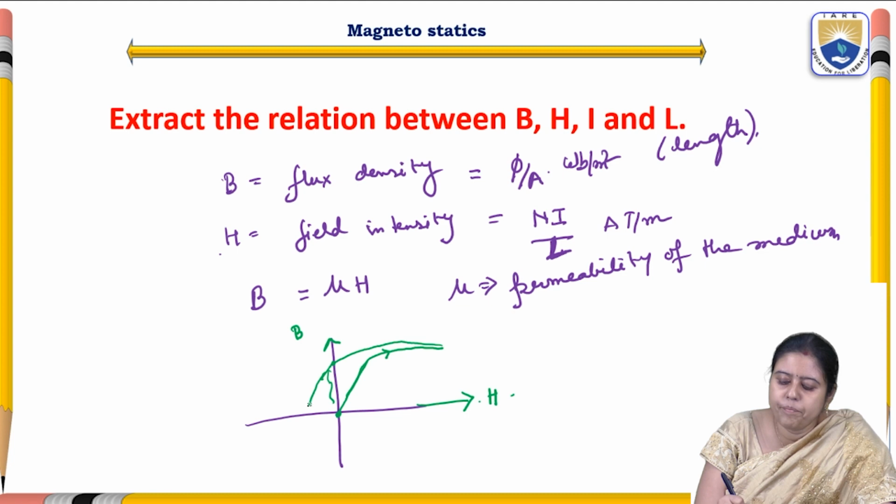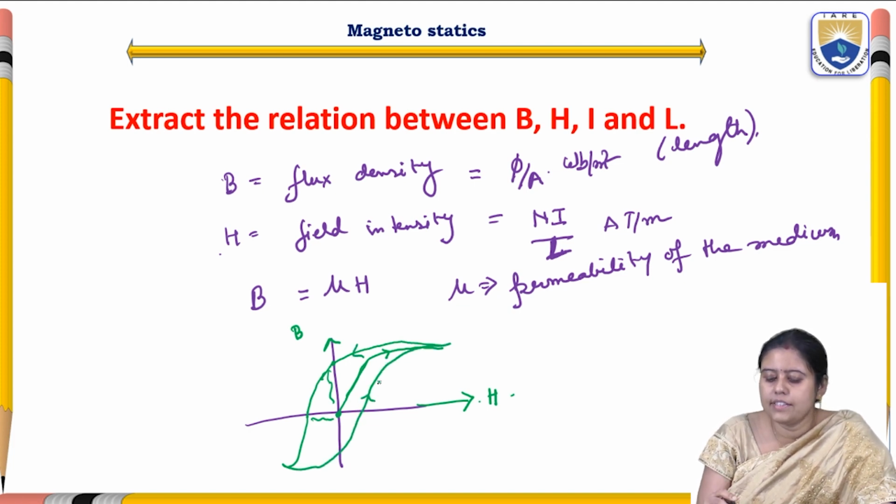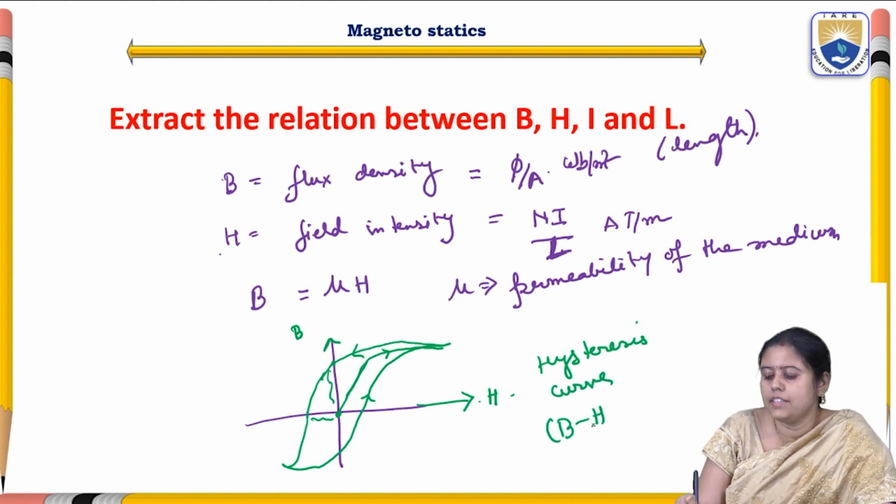When H has a certain negative value, B may be 0. If we draw like this, we get this type of curve. This curve is known as the hysteresis curve, or the BH curve.